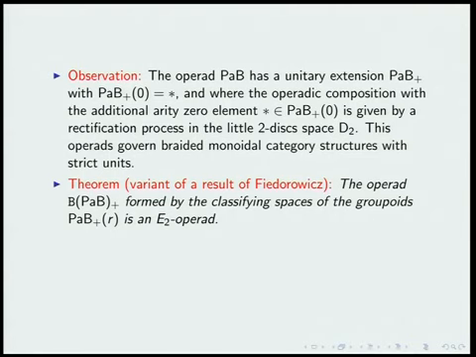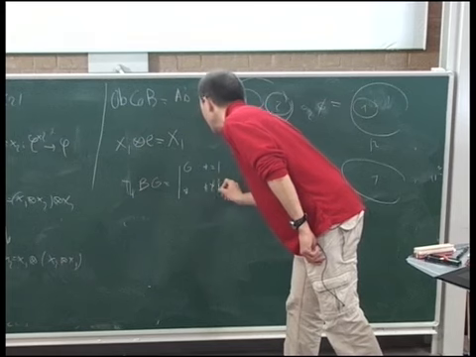So I'm going to give another proof. Okay, I claim that this operad, where B stands for the classifying space. So for a group G, BG is the space which is G in degree 1 and trivial in degrees different from 1.